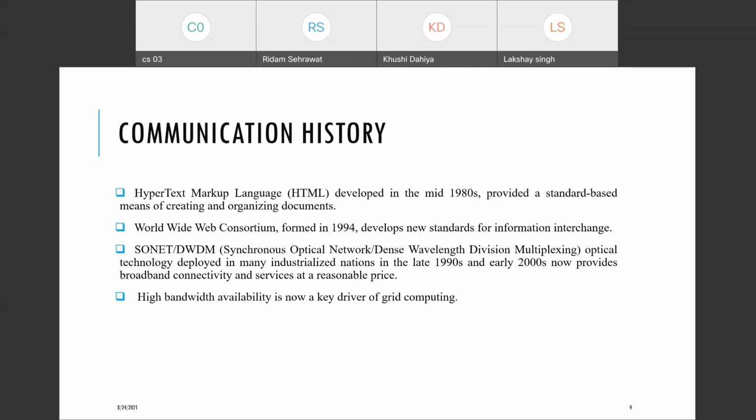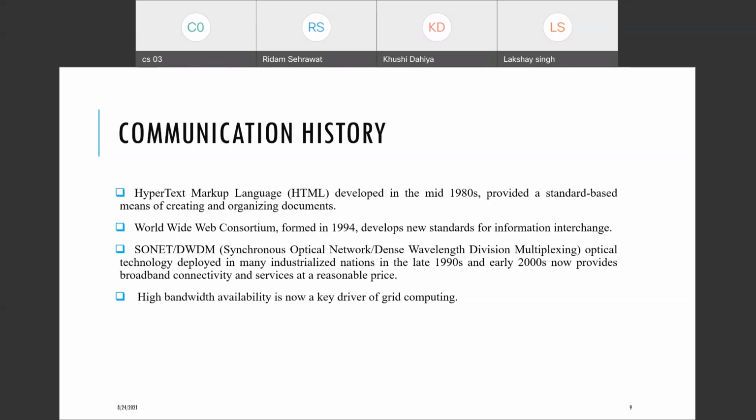Like, beta, if I talk about Airtel or BSNL or Jio, whatever we have, if they want to give you broadband facility, they generally use optical fibers to transfer the data.